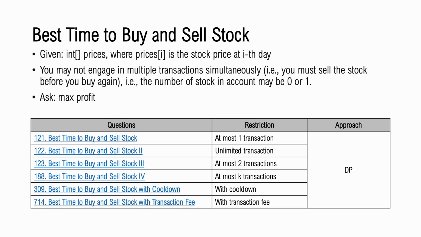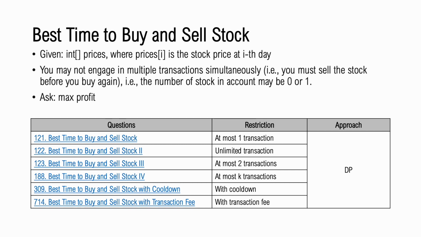There are 6 different problems, and number 188, problem 4, is the generic form, where the restriction is that you can perform at most k transactions. The other problems are special cases of this generic problem. For 121, you have at most 1 transaction. For 122, you have an unlimited number of transactions.